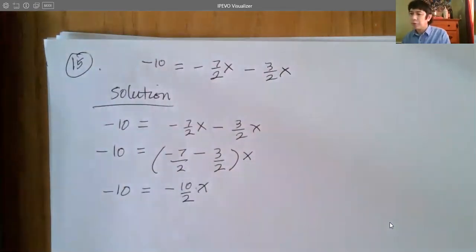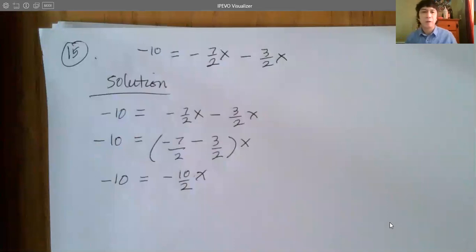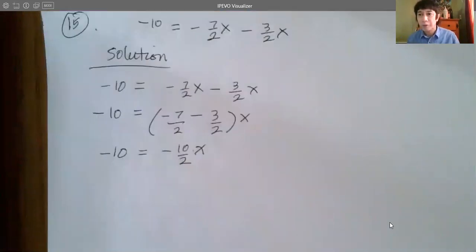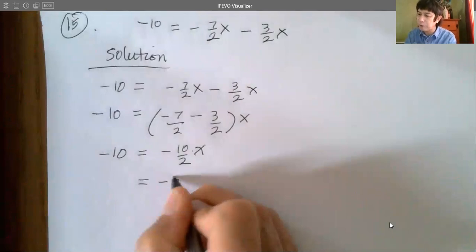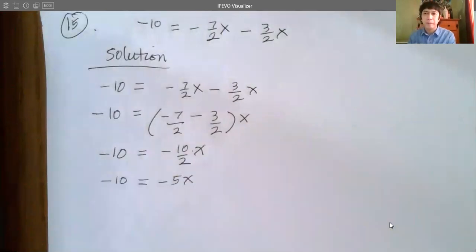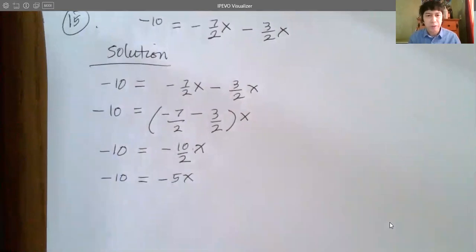Okay, so we can further simplify 10 over 2 negative, that is just negative 5. So the right side is negative 5x, and the left side is negative 10. And then we're down to this simpler version of the equation, and we will just apply division property here by using negative 5 as divisor.